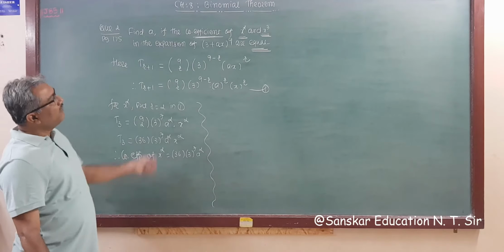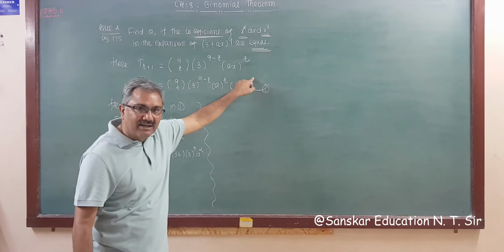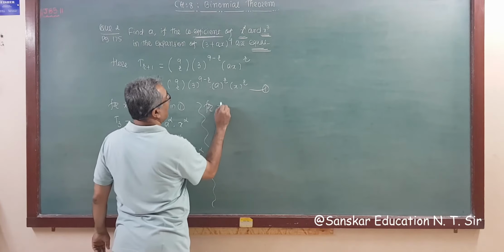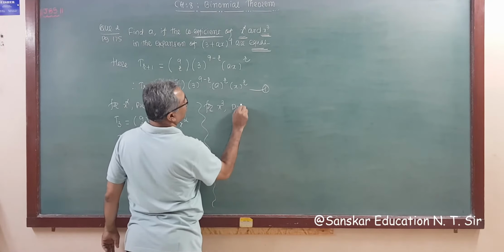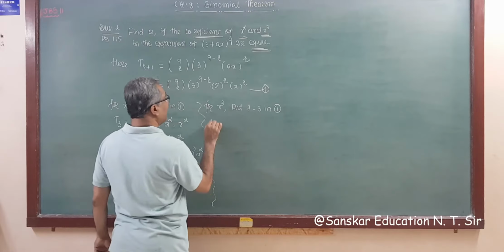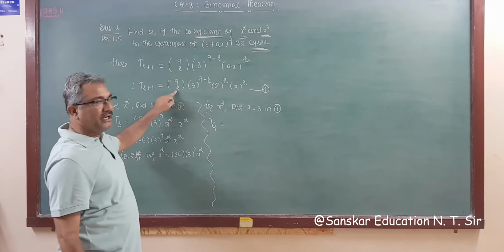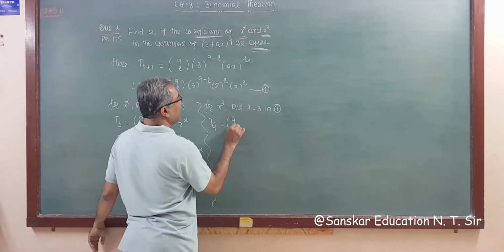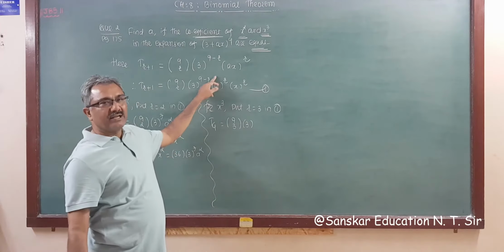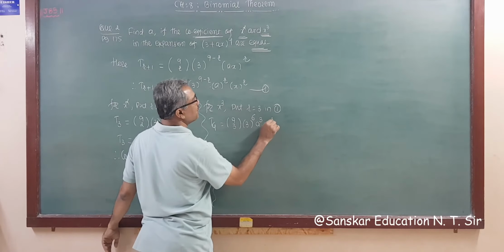Right? Now, for coefficient of x cube, what we require? Power of x is 3, that is r is equal to 3. So for x cube, put r is equal to 3 in 1. We get T4 is equal to 9C3, 3 raised to 9 minus 3, that is 6, a raised to 3 and x raised to 3.